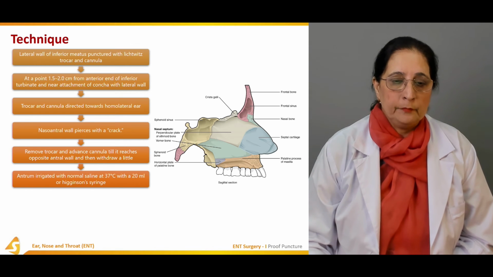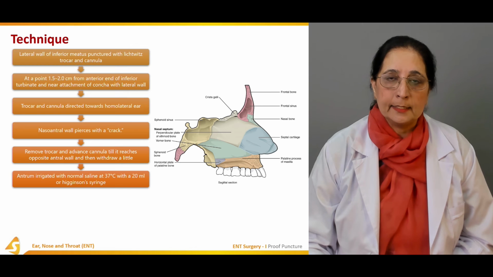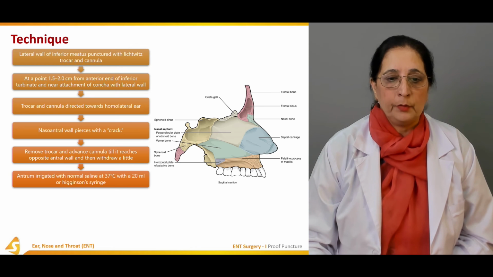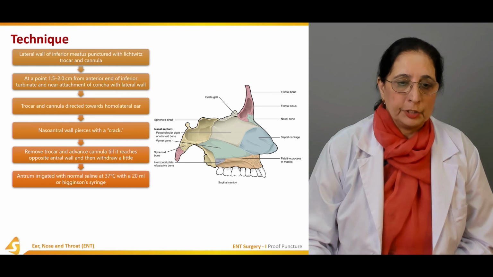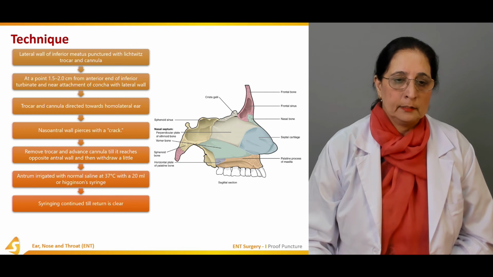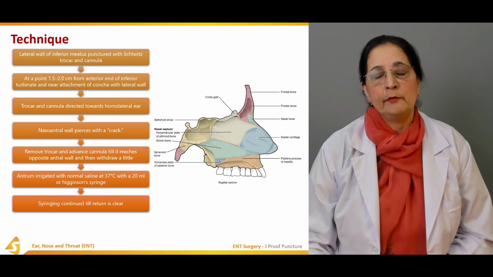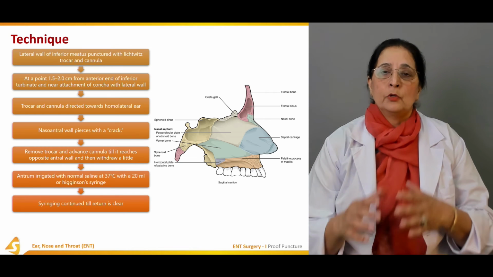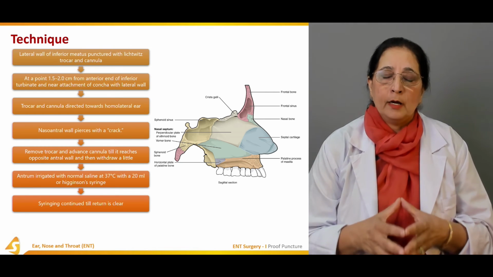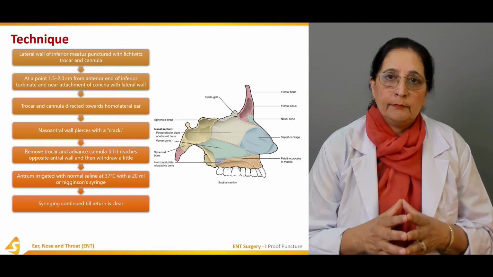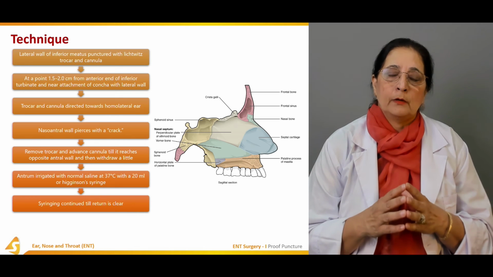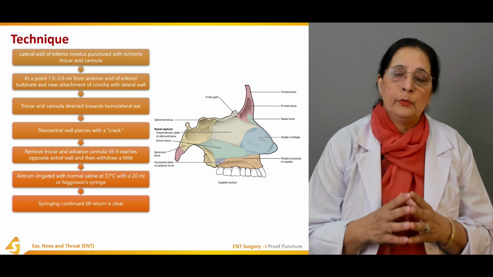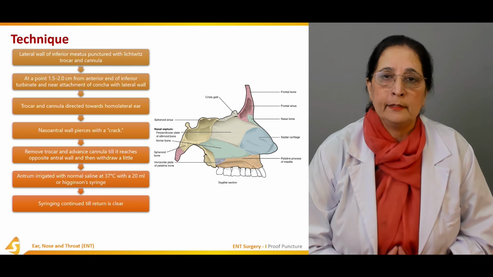The antrum is irrigated with normal saline at 37 degrees centigrade with a 20 ml or Higginson syringe. Syringing is continued till the return is clear. So for any lavage, like the ear lavage, we should continue the process until the fluid that comes back is clear.